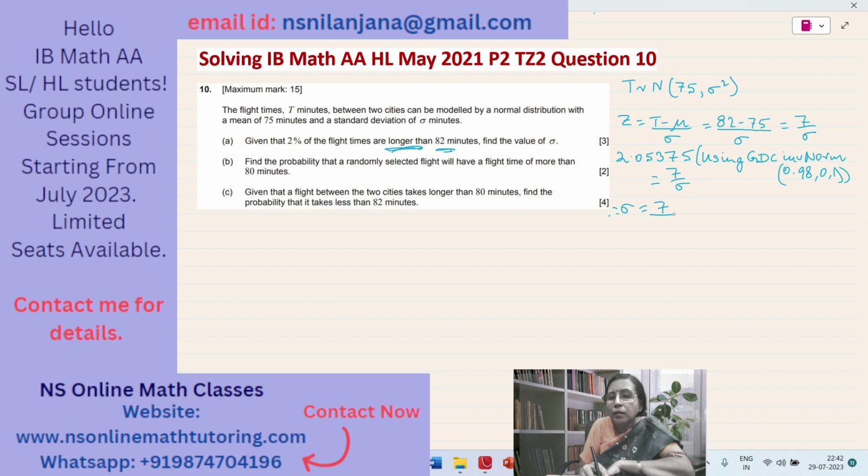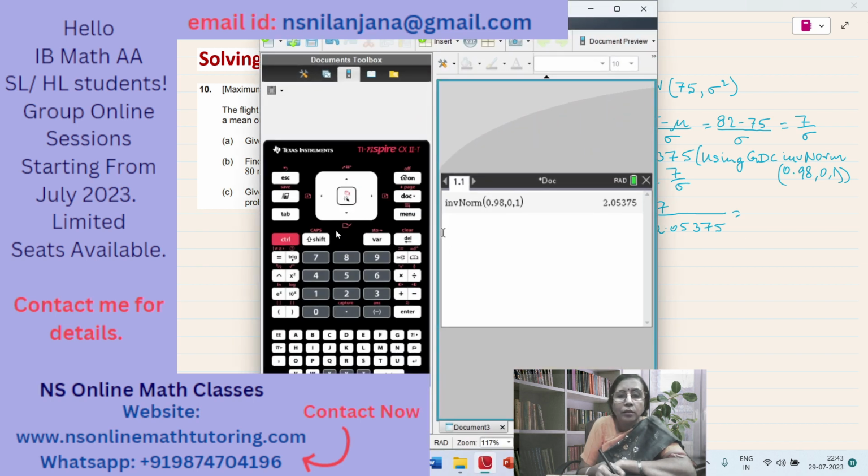On the calculator, the numerator is 7, the denominator is the previous answer, and enter.